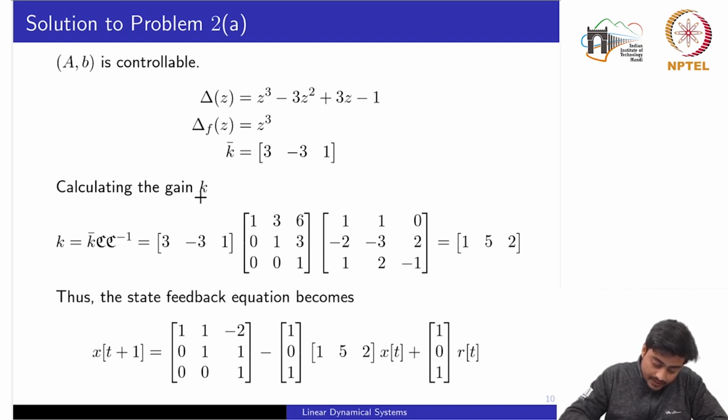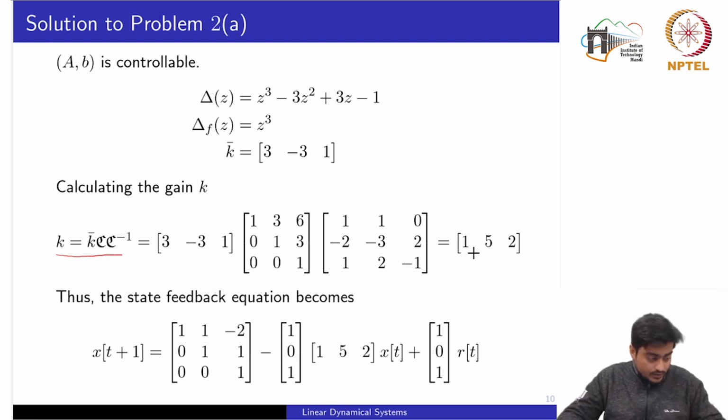Now the gain k can be computed by using this formula, where k bar is assigned using the characteristic polynomials of the plant and the feedback loop, and then multiplied by the inverse of the controllability matrix. So using this equation, we can compute this k vector.